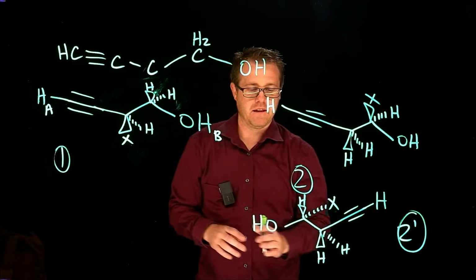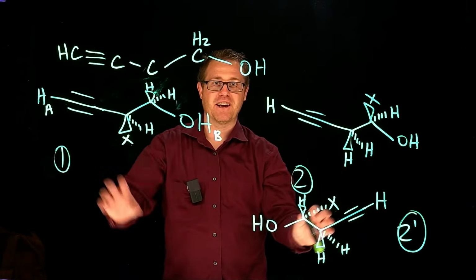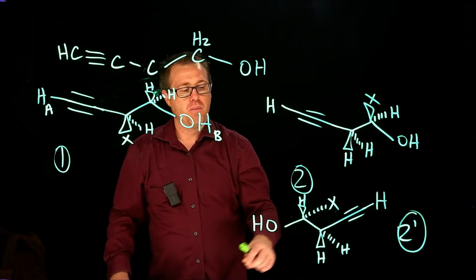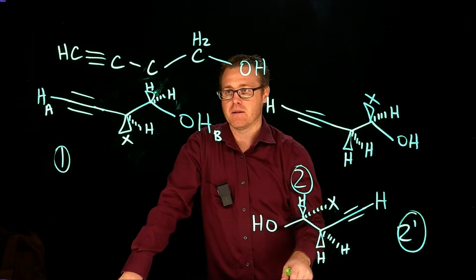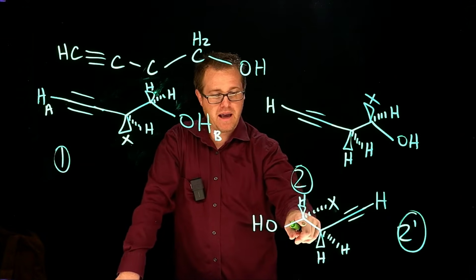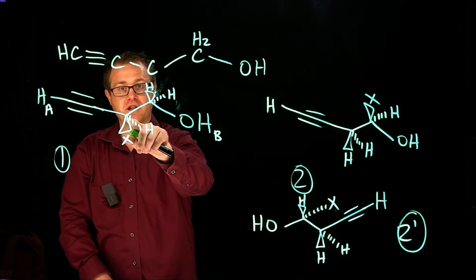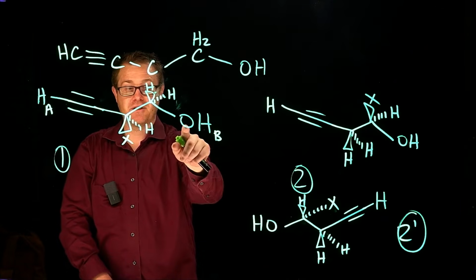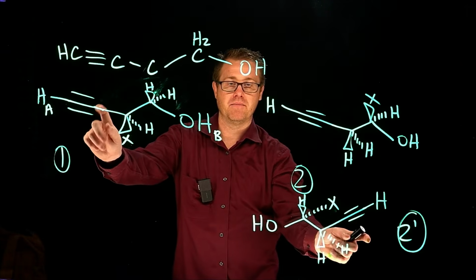Okay, let me backtrack here. Yes, ignoring the X's, it looks like a mirror image. But what's going on here? Okay. That X is attached to a carbon with an OH, but this X is attached to a carbon that's not attached to the oxygen. So what's the relationship between these two?